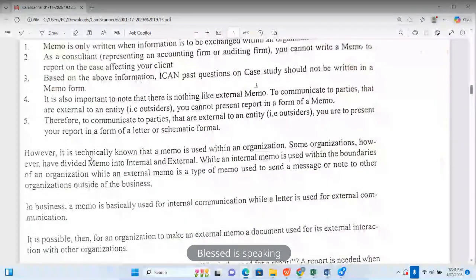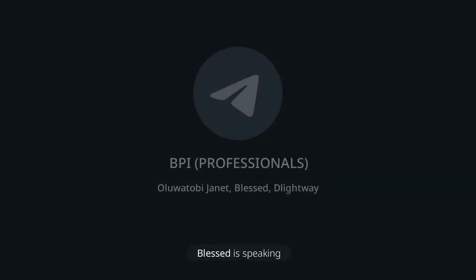However, it is technically known that a memo is used within an organization. Such organizations, however, have divided memos into internal and external memos. While an internal memo is used within the boundaries of an organization, an external memo is a type of memo used to send a message or note to other organizations outside of the business.